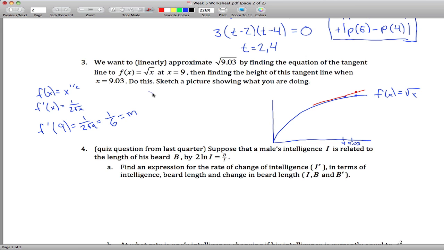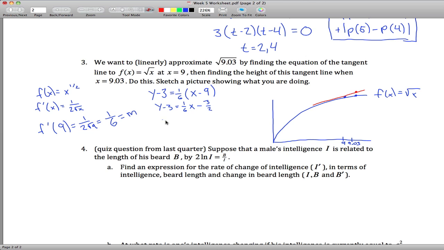And then if you do y minus y1, when x equals 9, our y is equal to 3, equals m times x minus x1. We can figure out the equation of the tangent line. Let's see, 1/6 times 9 is 9/6, which is 3/2.